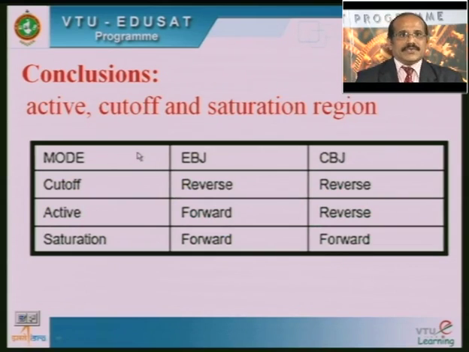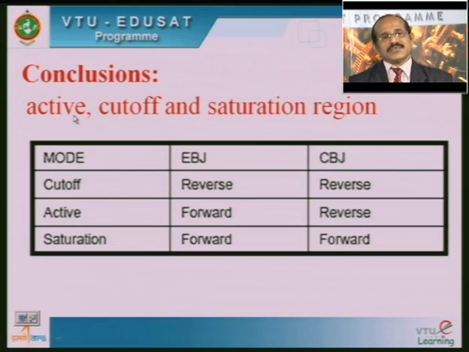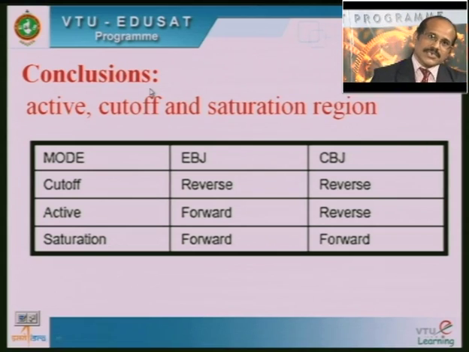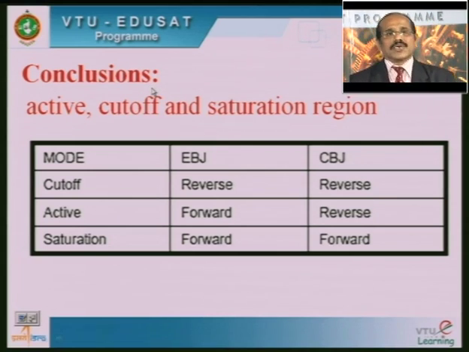And we have also seen the three operating regions of the bipolar junction transistor. The operating region of the bipolar junction transistor decides the application of the transistor. As I told you, the BJT is used either as an amplifier or a switch.